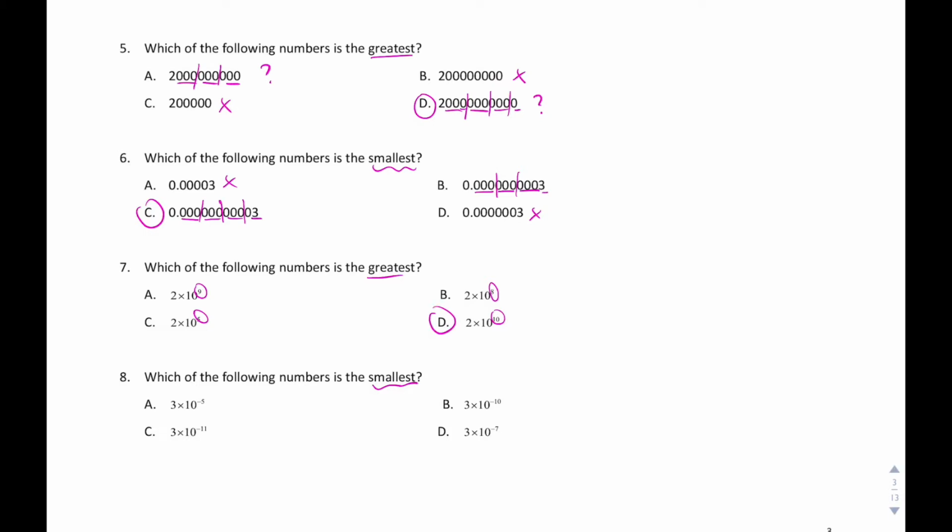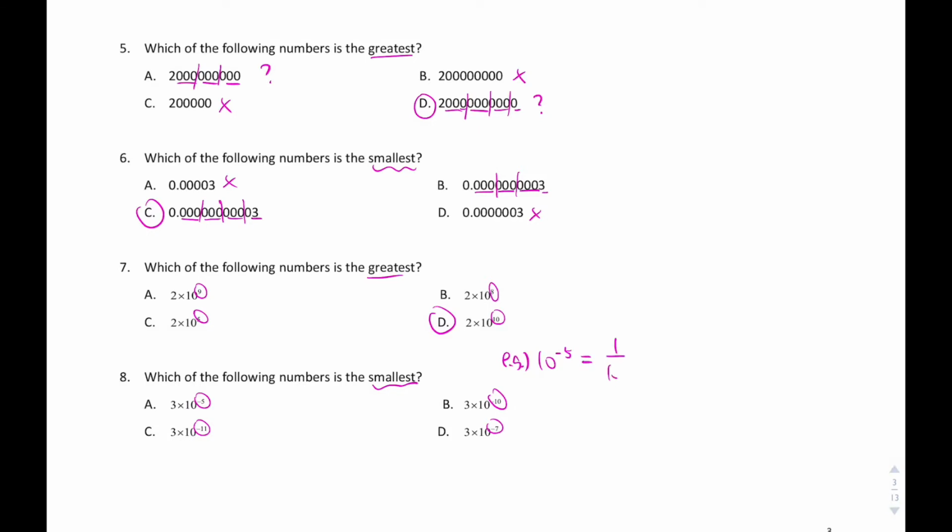And for question 8, which is the smallest? Similarly, here, try to compare the indices. The more negative index means there are more decimal places after the decimal point, because take 10 to the power of negative 5 as an example.